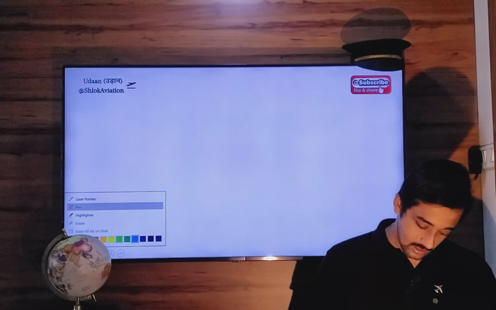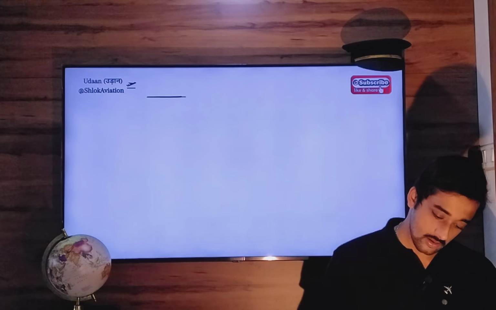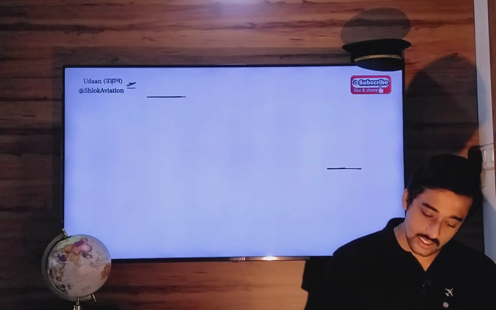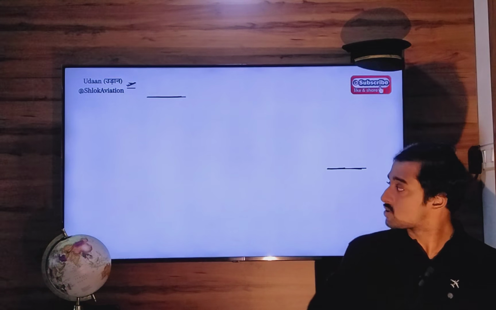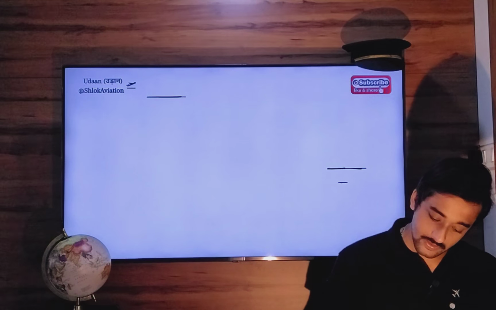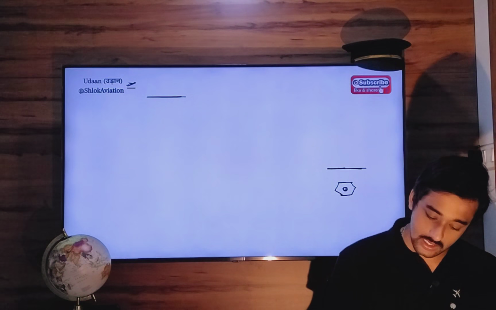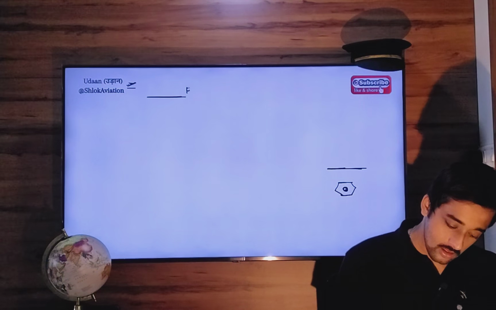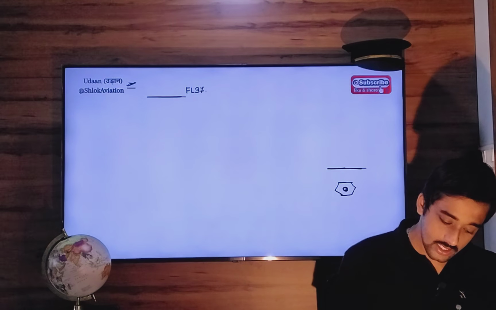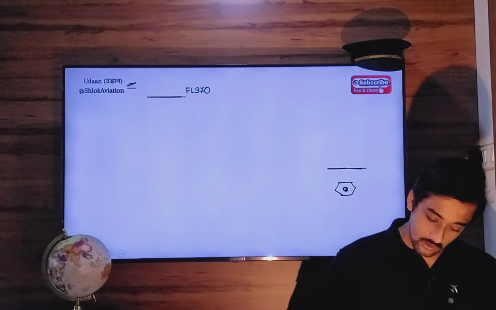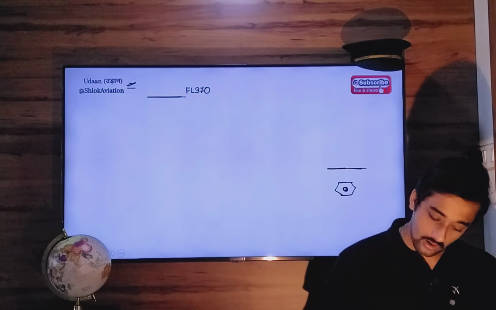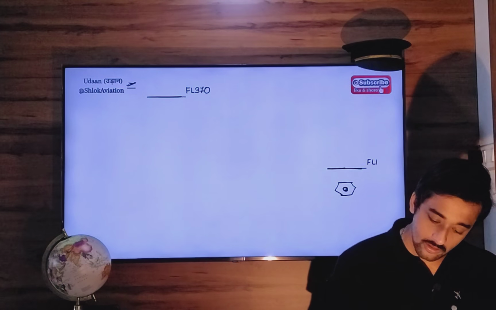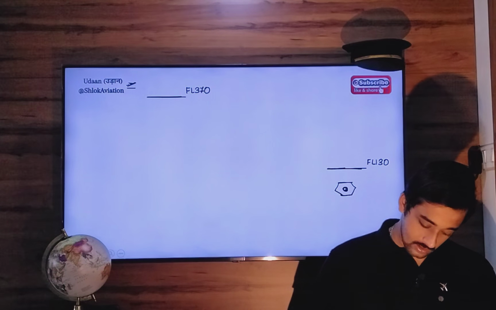So, your aircraft is here. VOR station is here. So, from flight level 370, you want to come down to flight level 130, right?